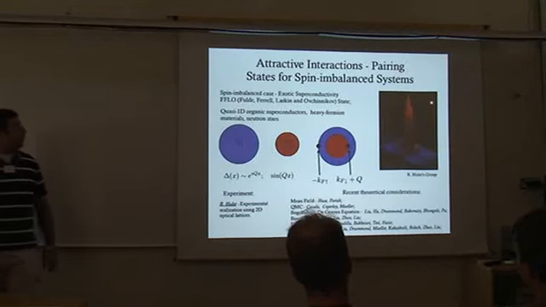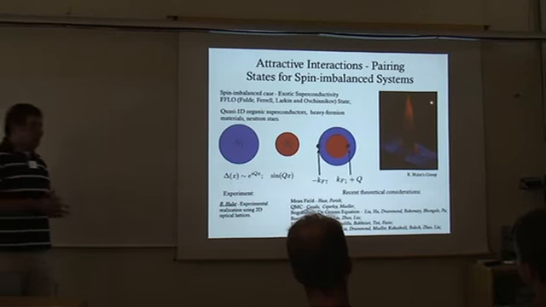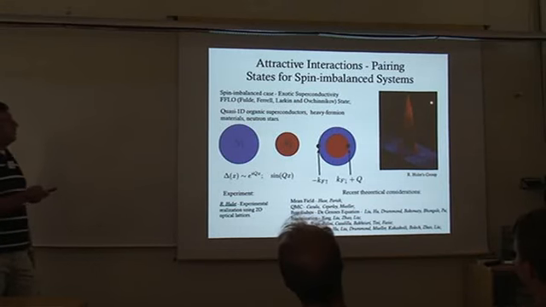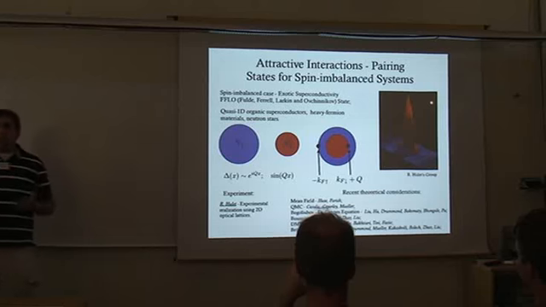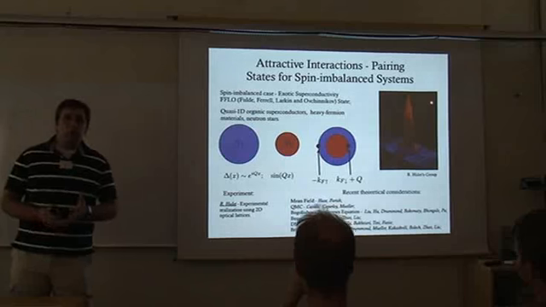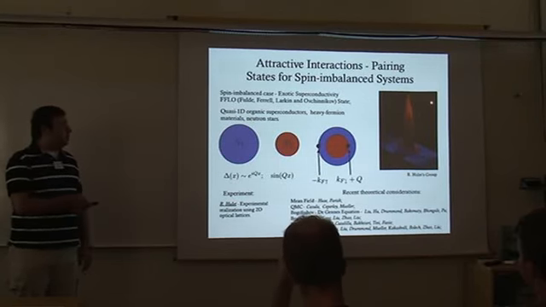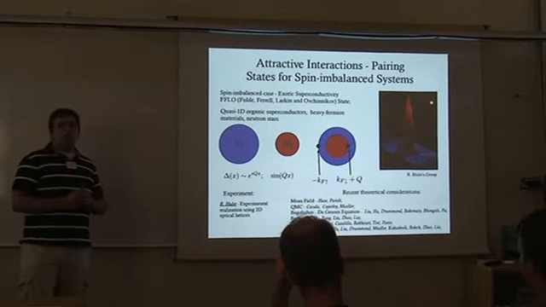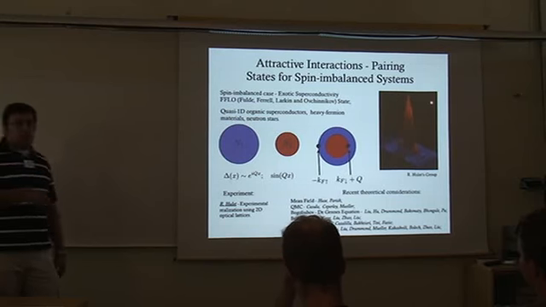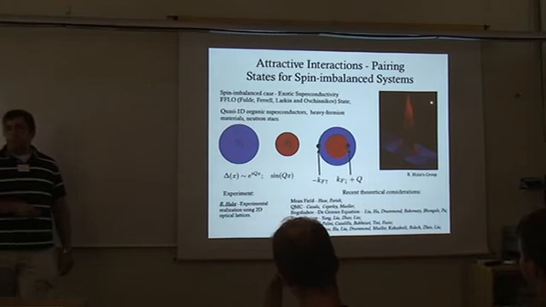What is interesting here is that there are some exotic states postulated or proposed in these systems, and one of them is the so-called Fulde-Ferrell-Larkin-Ovchinnikov state, where the main distinction of this type of pairing is that the center of mass momentum of those pairs is not zero like in Cooper pairs, but is defined basically by the momentum Q, which is the difference between different Fermi momenta. And on top of this, the order parameter is modulated by the same momentum Q. So it has some kind of non-uniform case.